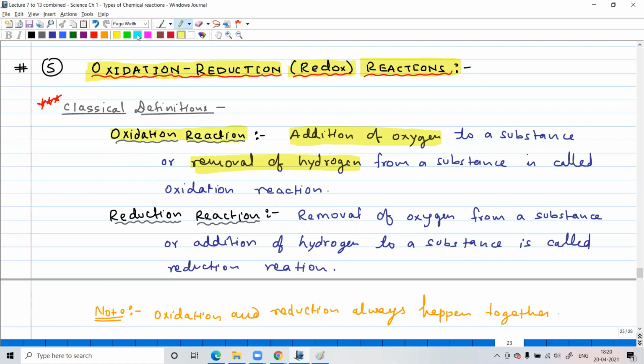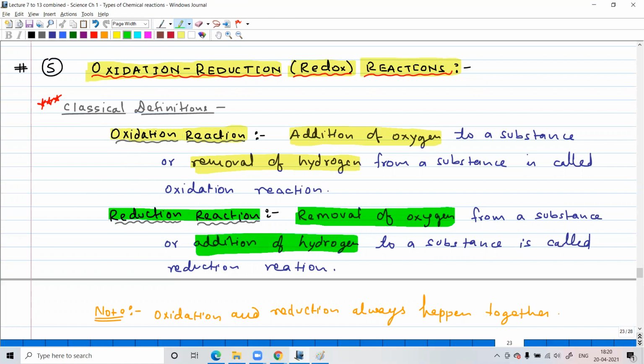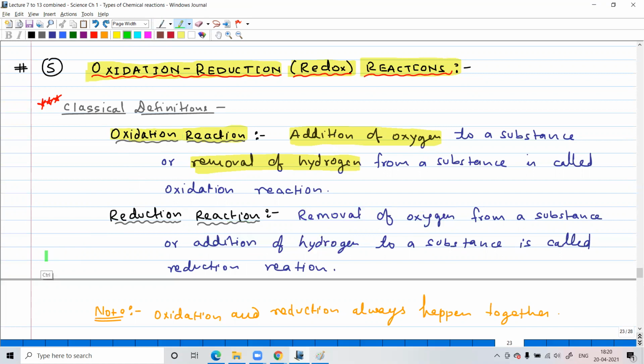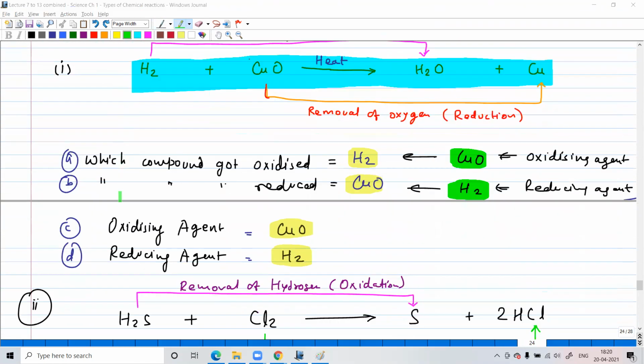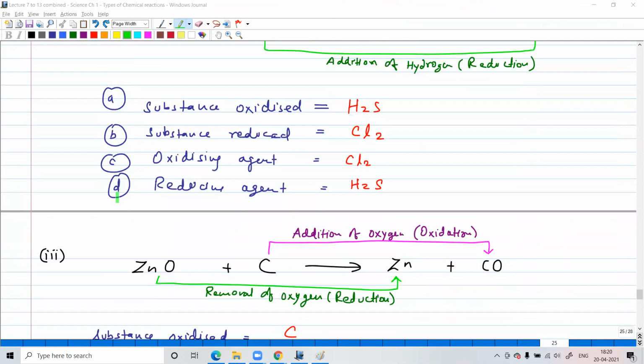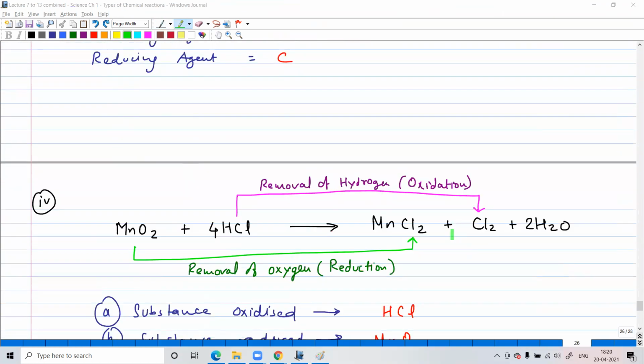Same way, removal of oxygen or addition of hydrogen represents reduction. So this will help you to understand where the oxidation is happening and where reduction is happening. Once you know that, then it's very easy to recognize the other one. What is the reducing agent? What is the oxidizing agent?